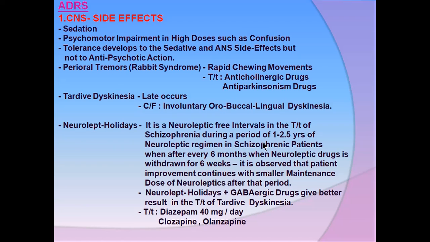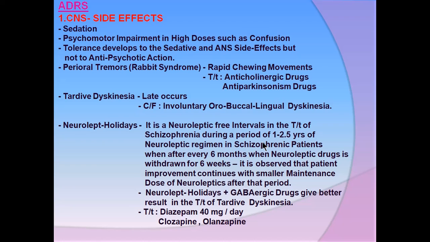Tardive dyskinesia occurs late, after years of treatment. Clinical features, involuntary orobuccal lingual dyskinesia and neuroleptic holidays. It is a neuroleptic-free interval in the treatment of schizophrenia during a period of 1 to 2.5 years of neuroleptic regimen in schizophrenic patients.